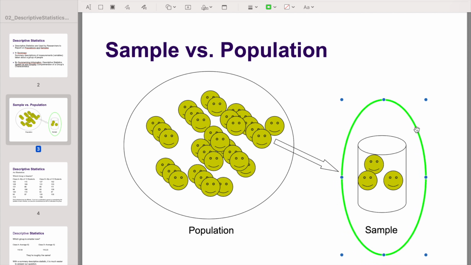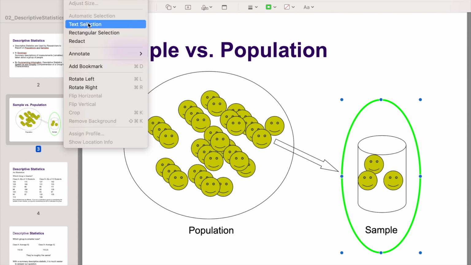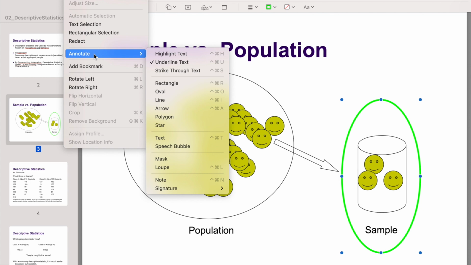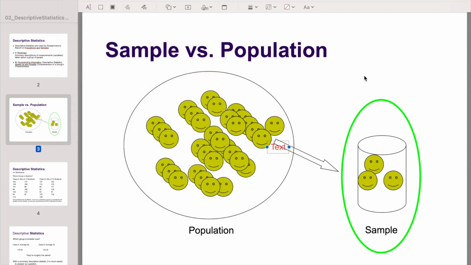So sample will be a subset of the entire data set, while the population will be the complete data set.